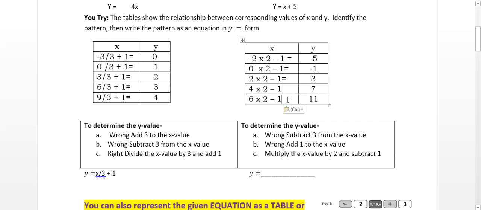And 6 times 2 is 12, minus 1 is 11. So that one ends up being correct. So then as an equation, we're multiplying x times 2, so 2 times x, and then subtracting 1.